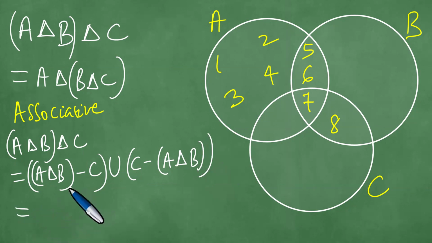Now, we take the symmetric difference of A and B, subtract C from it, union C minus the symmetric difference of A and B.